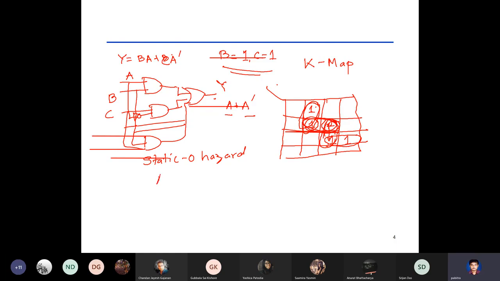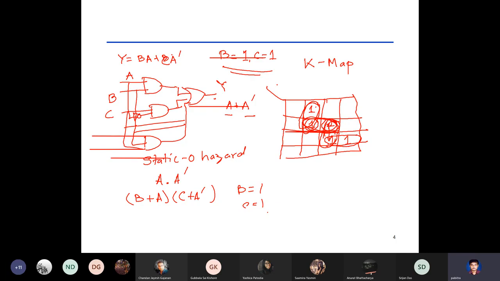Okay, so static zero hazards occur due to this kind of situation. When can this happen? This can happen for some combination of inputs, say like this, when B is 1 and C is 1.